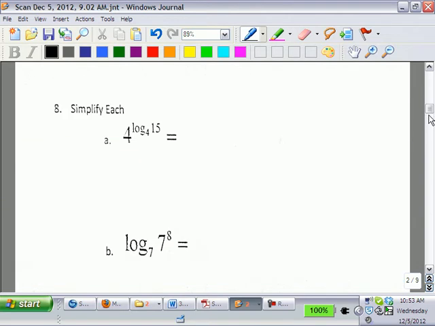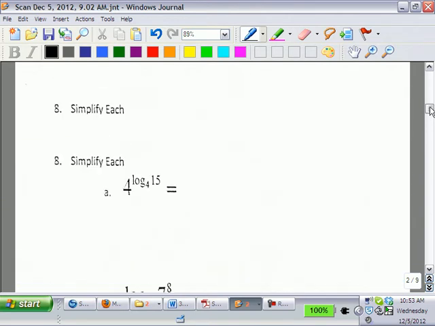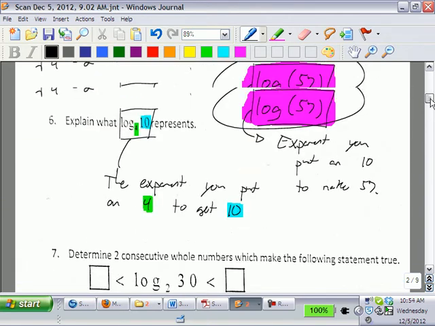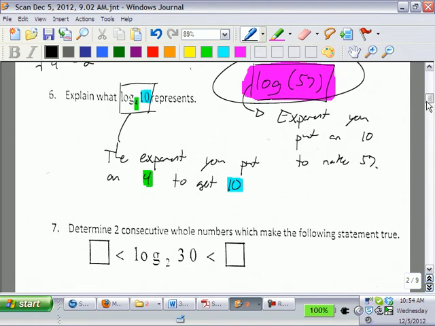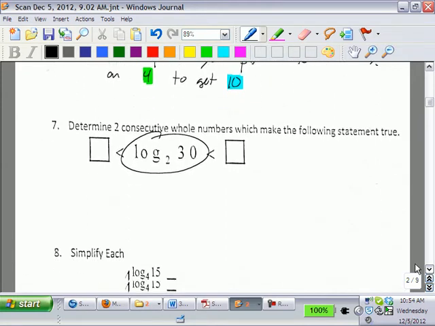Okay, so we're talking about notation. We just went over 6. Log base 4 of 10. The exponent you put on 4 to get 10. So this is the exponent you put on 4 to make 10. Okay.